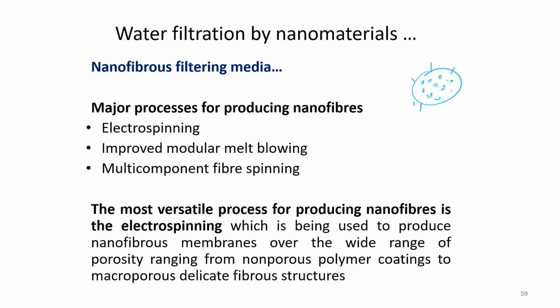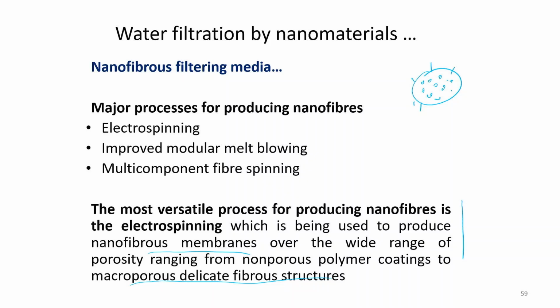But the most versatile process of production of nanofiber is electrospinning, which is widely used in industry, and in research we widely use it. This is used for producing nanofibrous membrane over a wide range of porosity; we can change the porosity, we can use different types of polymers, different types of coatings, and we can produce different macroporous, delicate fiber structures.